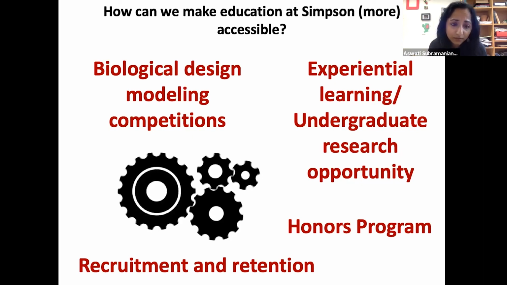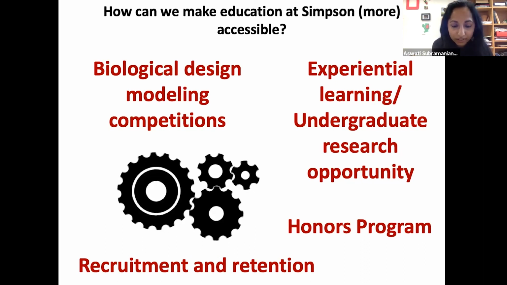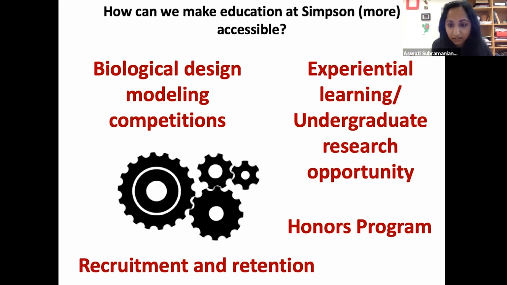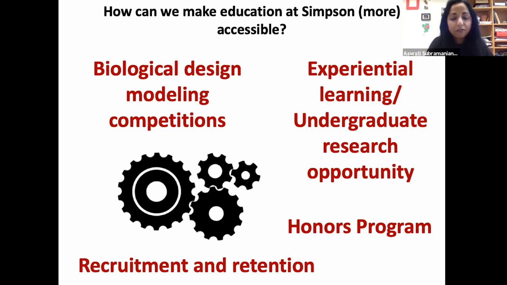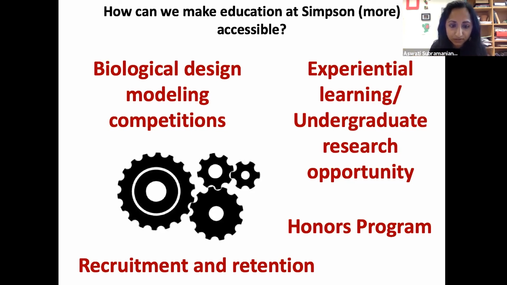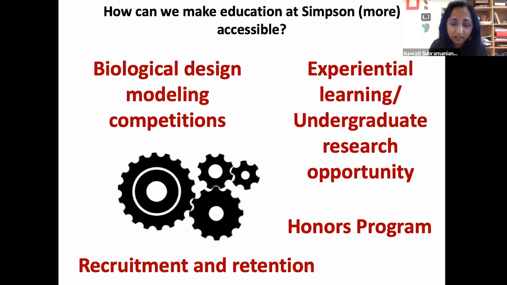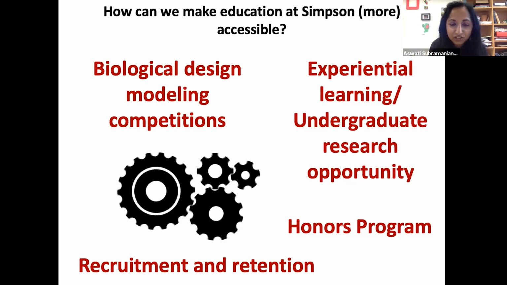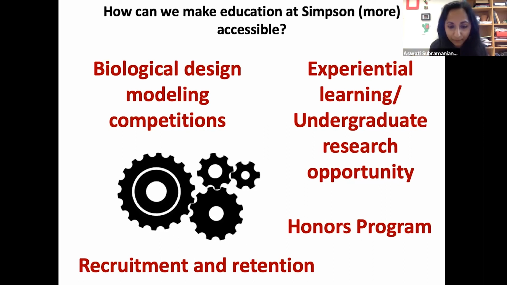But alongside some of these programs that give joy, we also need to pay attention to other programs such as the undergraduate research setup and honors via these modeling competitions that allow retention of students. Research has been done in terms of how these sort of competitions make science, art, design, education accessible across campus and allow in retention of these students.